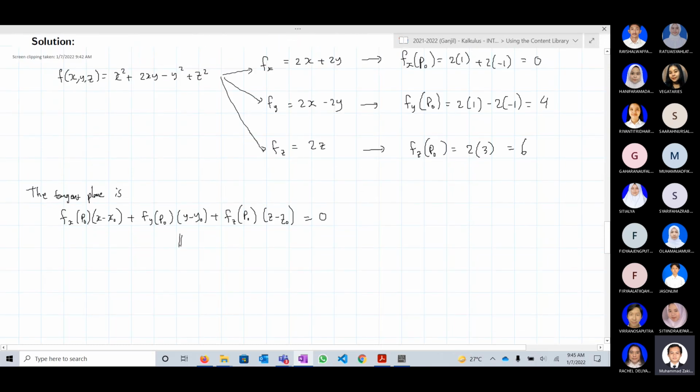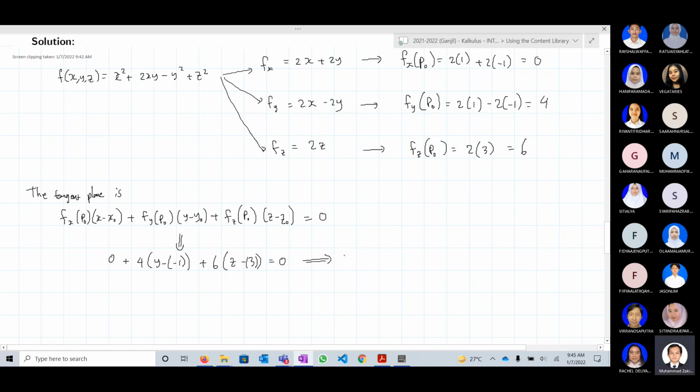Then we simply put everything in: 0 plus 4 times (y minus y0, which is minus 1), plus 6 times (z minus z0, which is 3), equal to 0.